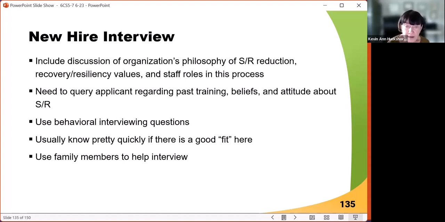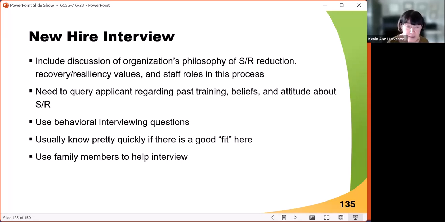You want to talk about your goals to reduce and prevent the use of seclusion and restraint, that your facility believes that people can recover and can build resiliency skills, that we believe that our role is to, A, keep people safe, and B, engage with them so that they will participate in their own treatment process, because that's the only way people learn different ways of being and doing, and how to cope with what is often a long-term illness like serious mental illness.